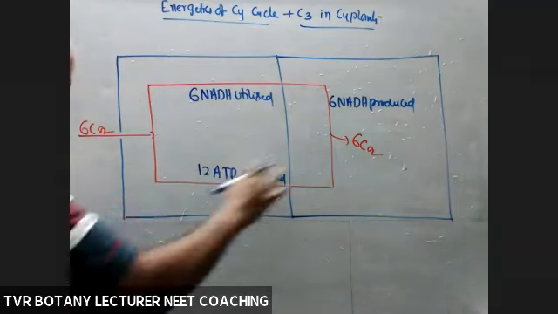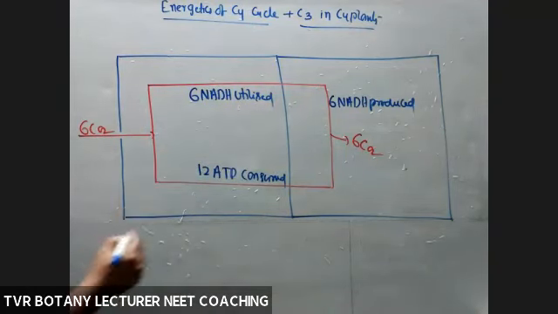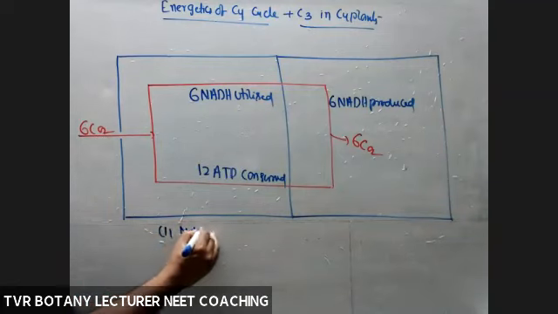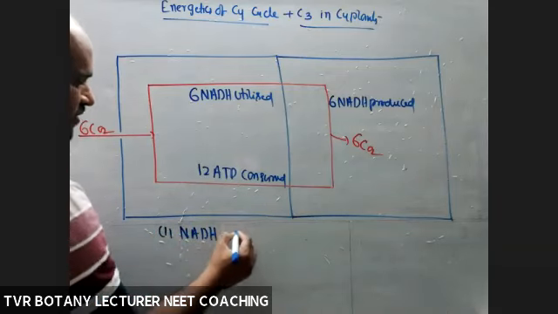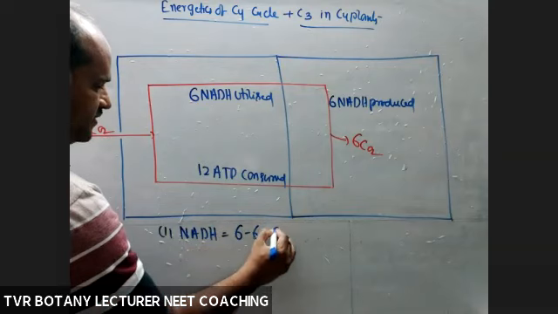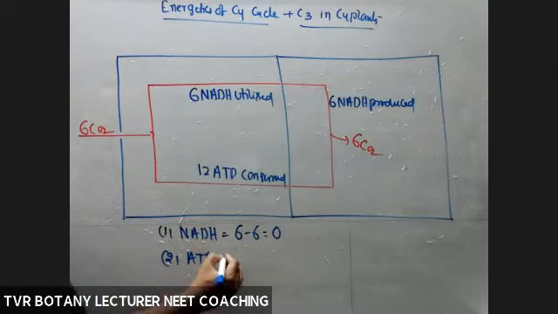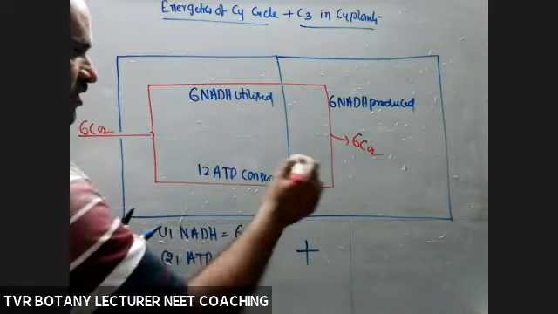Now within the C4 cycle, what about the energetics of only this one? First NADH, how many produced? 6. 6 minus 6, 0 net consumption or net production. And the second one, ATP, how many consumed? 12 molecules. Plus what about a C3 cycle?